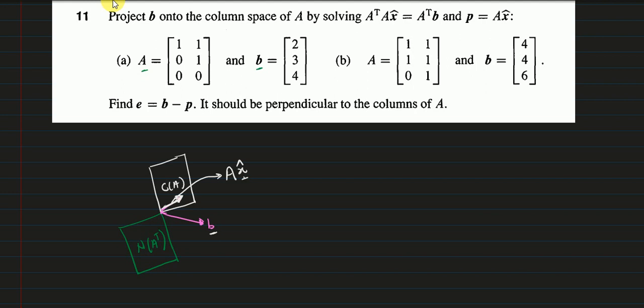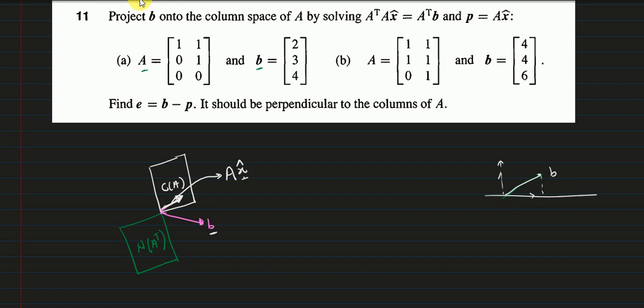If you compare with the line projection, suppose you are given this vector B, we project into the line, and also into the orthogonal component.